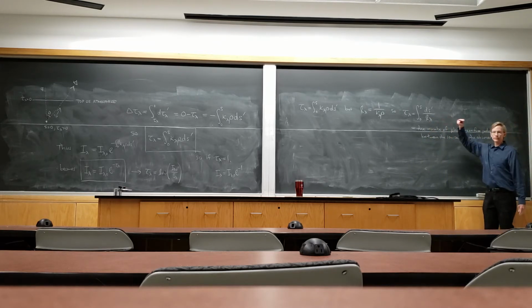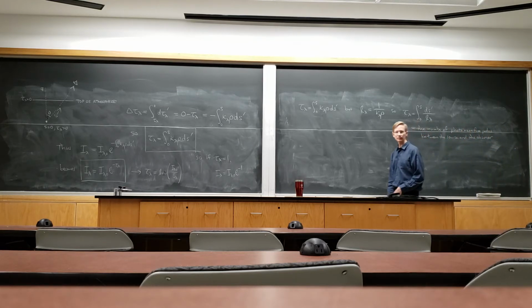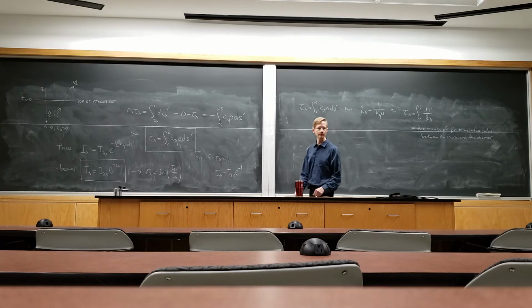Because if I take a little distance ds and divide it by the mean free path, then that's the fraction of the mean free path that ds represents. So if I add that up all along the beam from the source to the observer, that would represent physically the number of photon mean free paths that are in between me and the source.